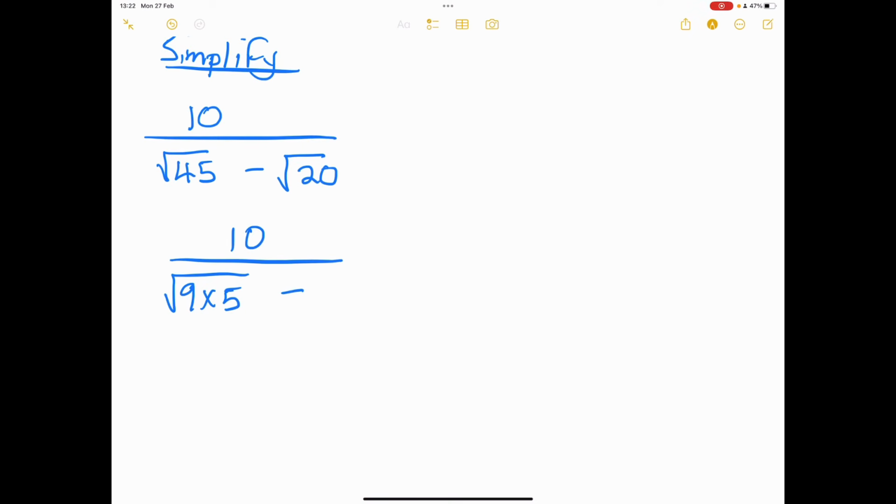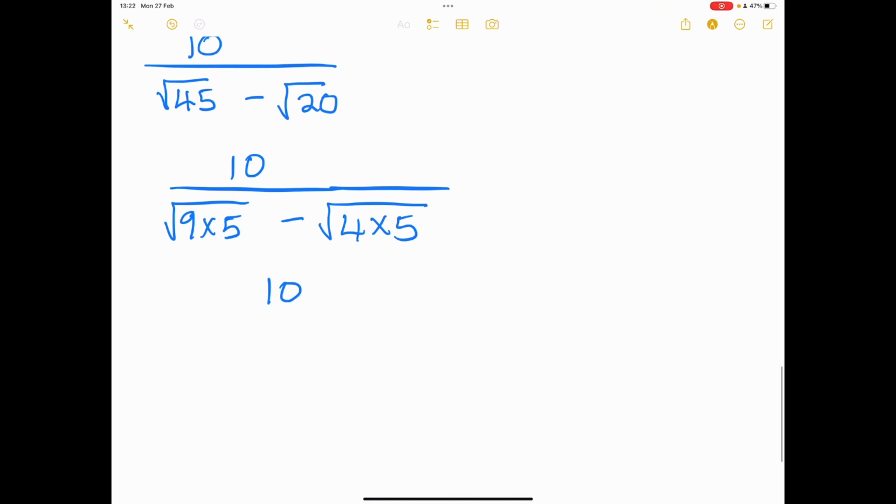Minus, if you think about 20, that's going to be 4 times 5, okay? You still remember that, right? So this is going to be 10 over, now square root of 9, in this case is 3, root of 5, okay? Minus 2 root of 5.